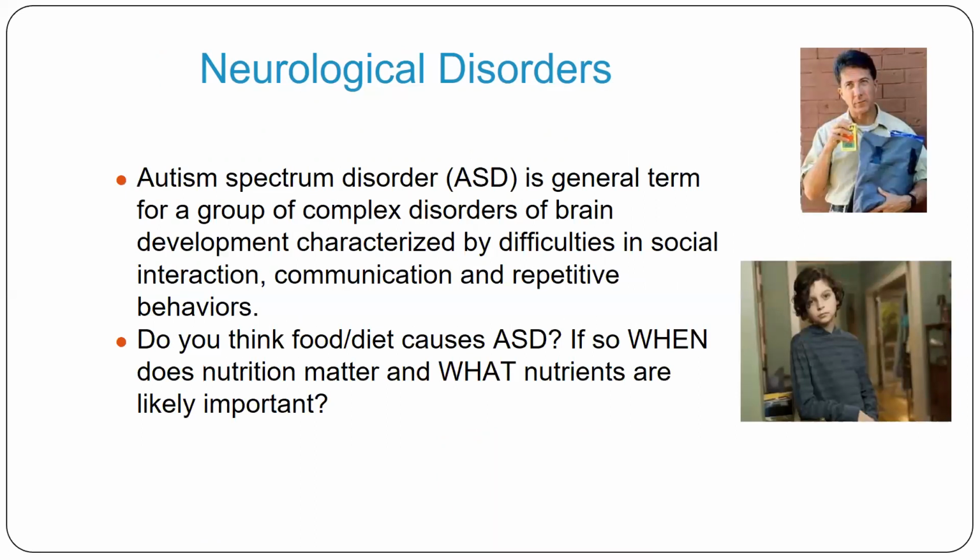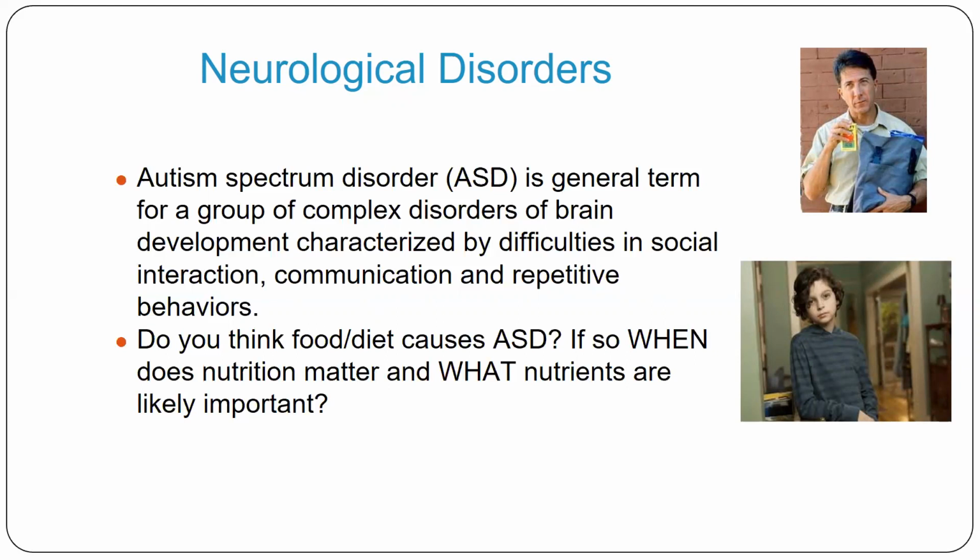Autism spectrum disorder is a big, broad category that tends to get a lot of press. It is a very wide disorder, very complex, with different degrees. Usually it's characterized by difficulties in social interaction, communication, and repetitive behaviors.